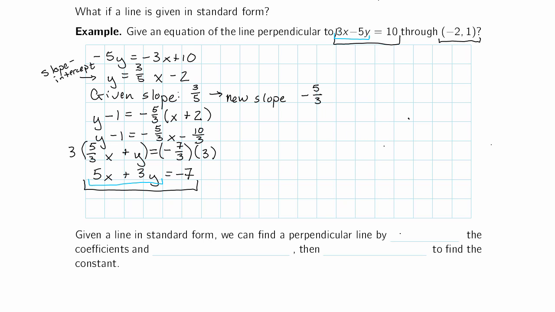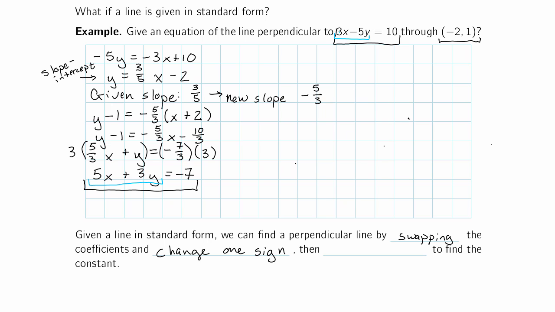So we swapped the coefficients, and then we made the negative 5 positive. In general, we'll change one of the signs, whichever sign we have to change to leave x positive.